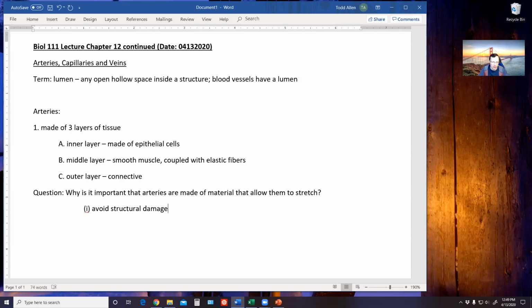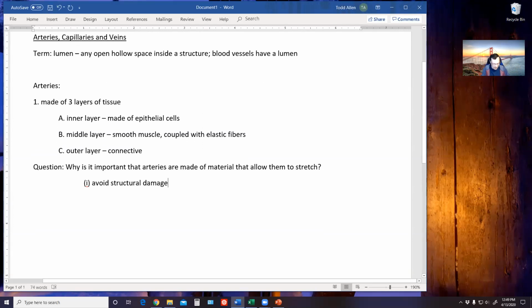Okay, to avoid structural damage. And so that gets to Owen's comment on the chat window, so that the blood vessels can expand for different volumes of blood, right? By expanding for different volumes of blood, we can avoid structural damage to the tissue.